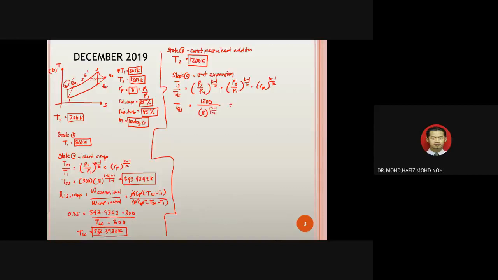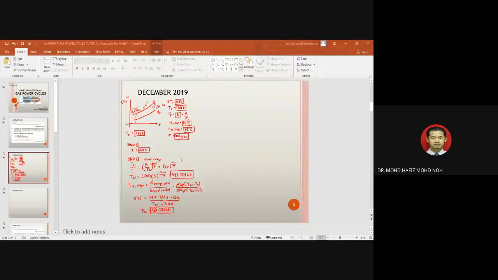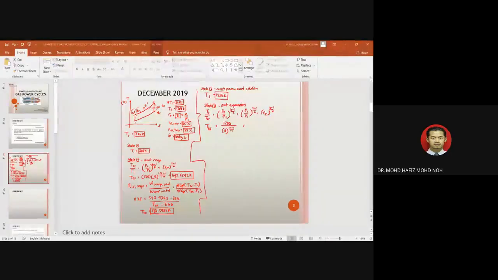So from here, you will get the value of T4S.